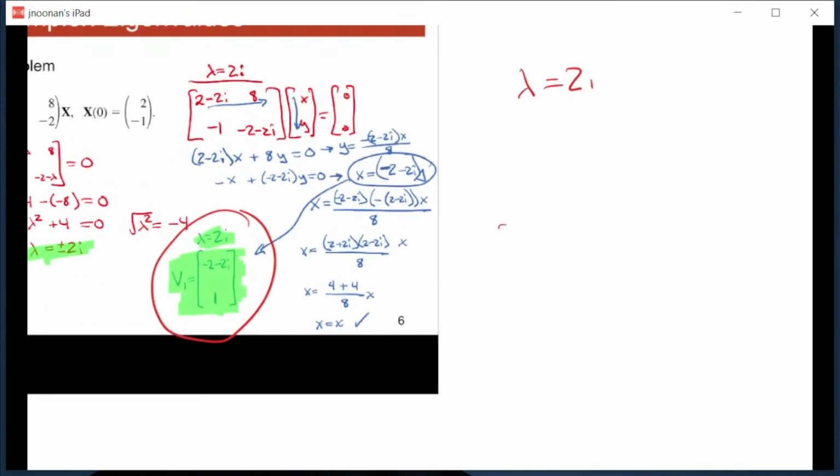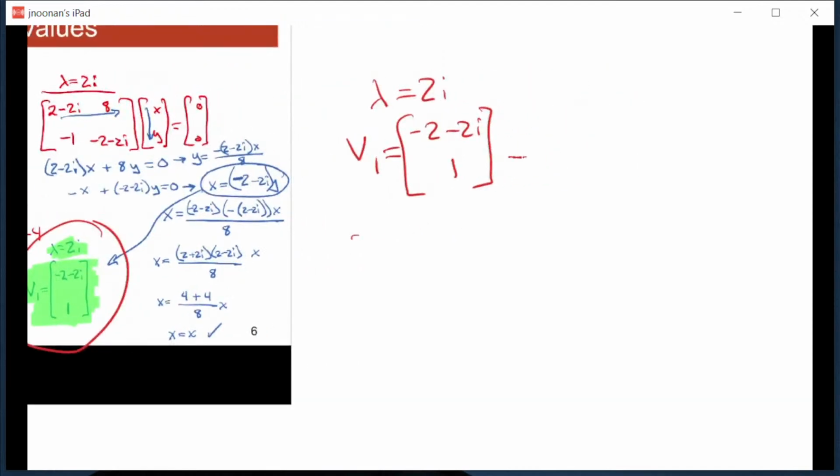Lambda equals 2i. V1 is equal to -2 minus 2i and 1. So this eigenvector could be thought of like this. Notice that vector, I could separate it into the real and imaginary pieces.